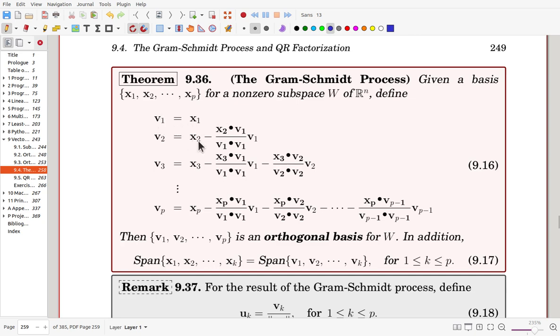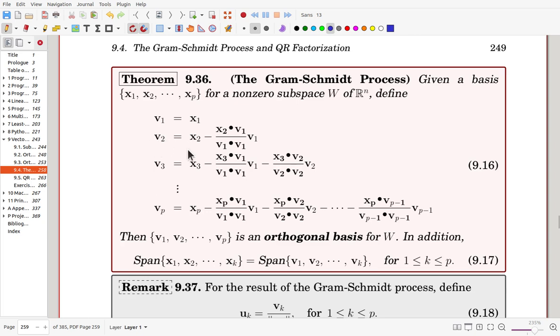Now x2 is projected onto v1, in fact x1, and the remainder part is v2. So after projection, we get v2. That is the orthogonal component. Because they are linearly independent, we always have that non-zero orthogonal component.